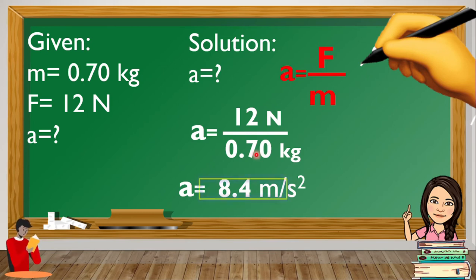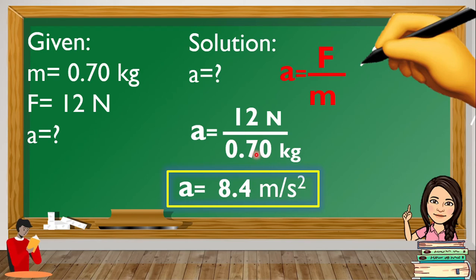So the acceleration of the ball is 8.4 meter per second squared. Do not forget to write the unit of the variable. The unit for acceleration is meter per second squared.